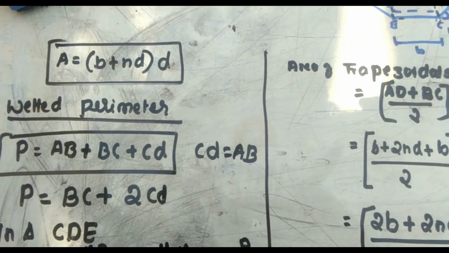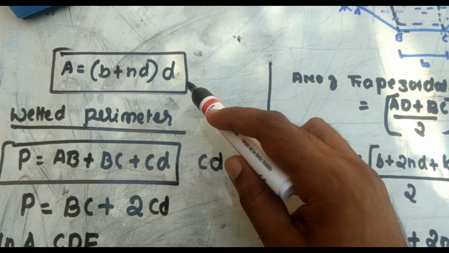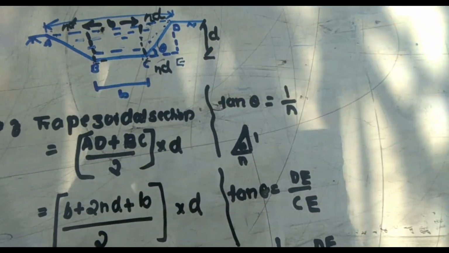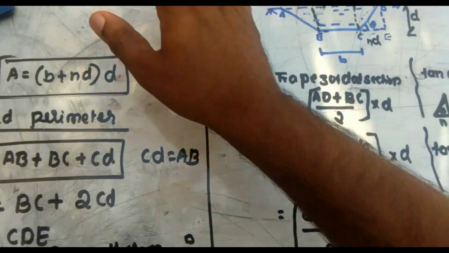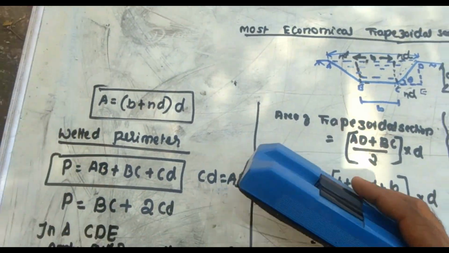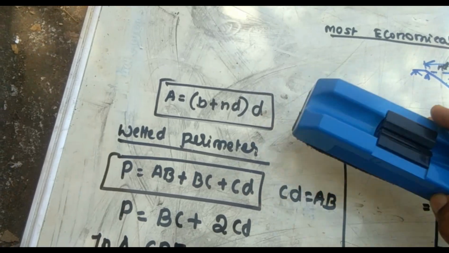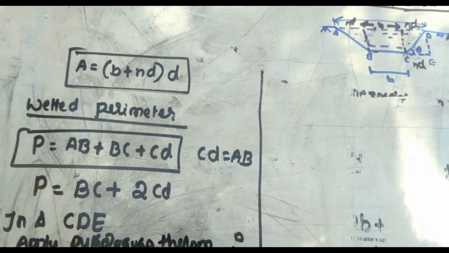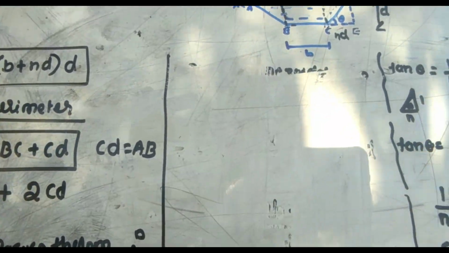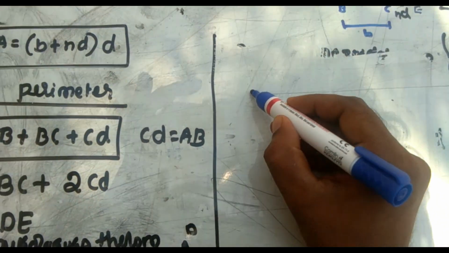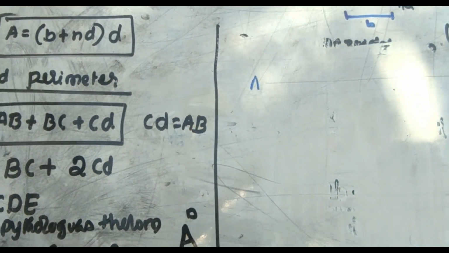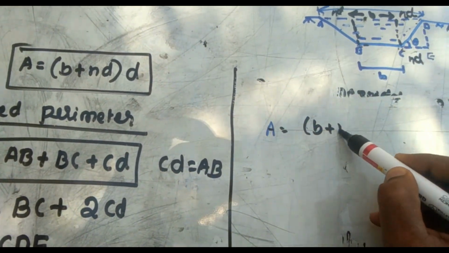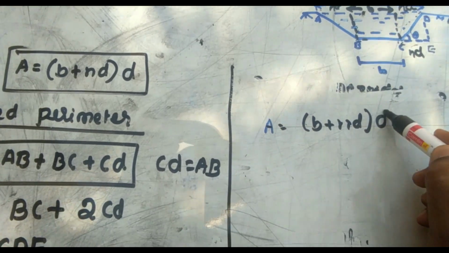Now I will take this equation, A is equal to B plus ND into D, and I will go for that equation.